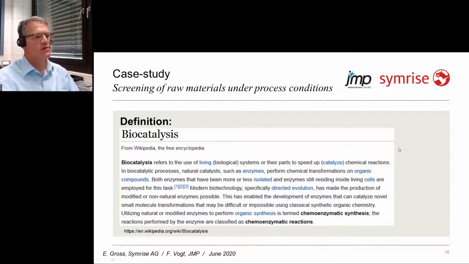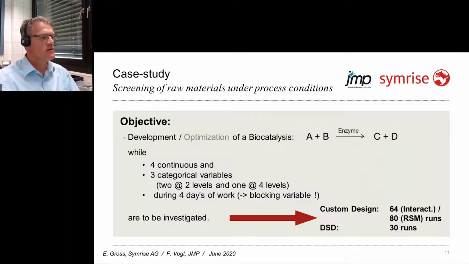And as we are working with biocatalysis, we are involved with living systems that might be cells or enzymes. So besides the chemical aspects, we have to deal with biological aspects in order to optimize the desired reaction.